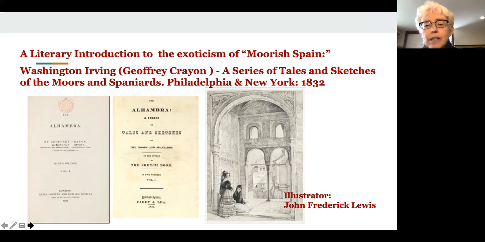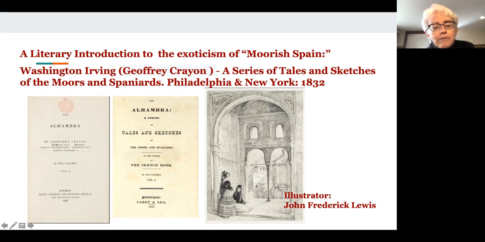Washington Irving did a series of sketches and tales called Tales of the Alhambra, published in 1832, so a number of years before the Great Exhibition and before Owen Jones's treatises. But still, it was a presentation of this wonderful, exotic, Orientalist, idealized sense of Spain and its mystique, and Islamic Spain in particular.